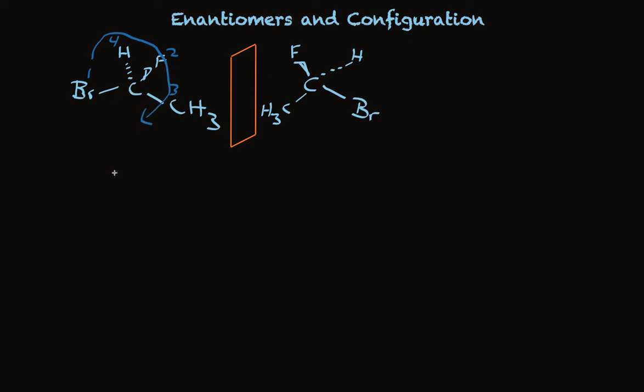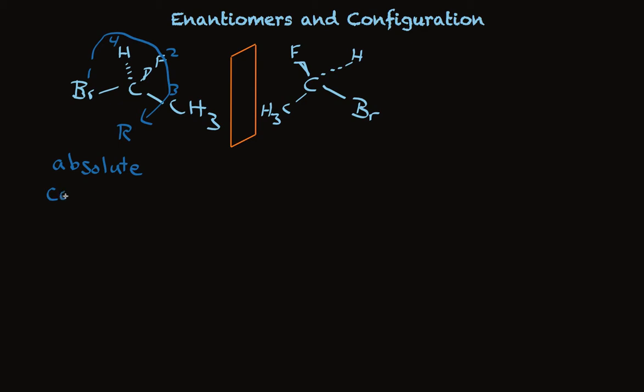And if the direction is clockwise, then assign the stereochemistry as R. And that R is called the absolute configuration. It says absolute because that is not in reference to anything. But we can say what that configuration is based on this assignment without knowing anything else about any other molecule. So it's the absolute configuration.